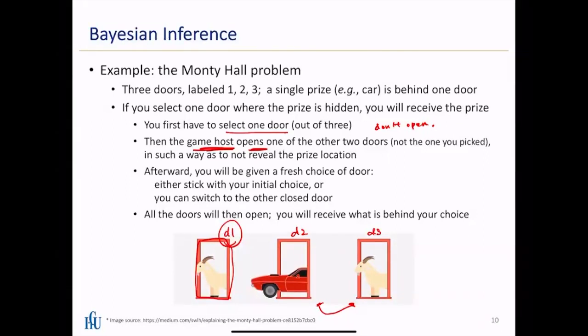After that, you still have two unopened doors. So you have a second chance. You can change your choice, or you can stick to your original choice. At the end of the day, you have only one door, and whatever is behind the door, you will get it. Only one of the doors has the prize, for example, a car. So this is the Monty Hall game, the Monty Hall problem.